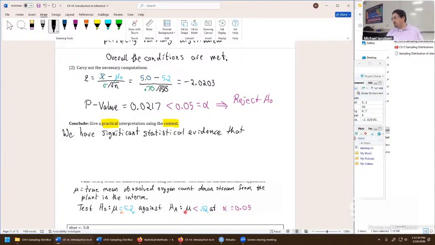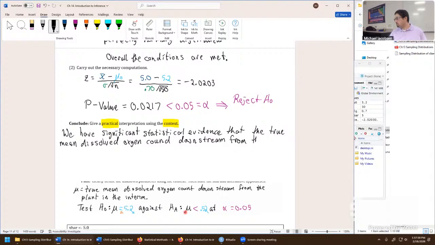We have significant statistical evidence that the true mean, or you could say average, dissolved oxygen count downstream from the plant in the interim is, we specifically said less than in our alternative, so we duplicate that language, less than.